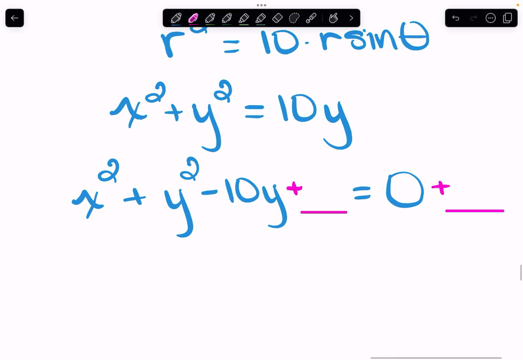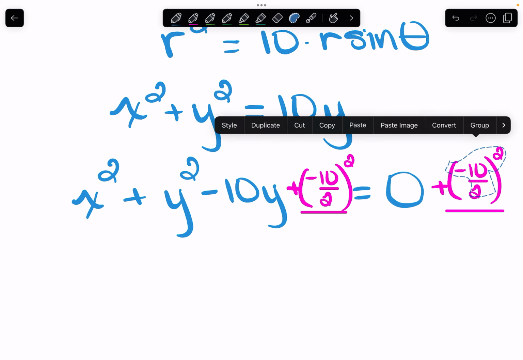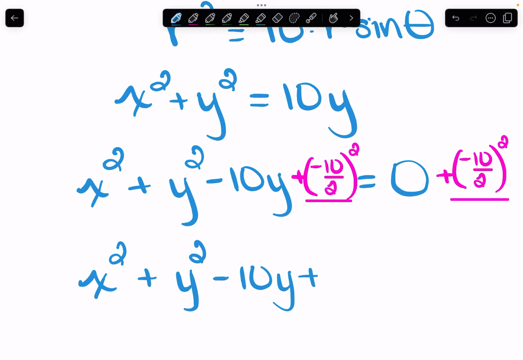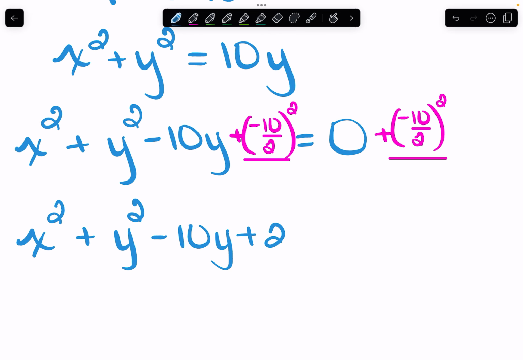So we're going to take that negative 10, divide it by 2, and square it, and that is what we add to both sides to force this thing to factor as a binomial squared. So that gives us x squared plus y squared minus 10y plus negative 5 quantity squared, 25, equals 25.